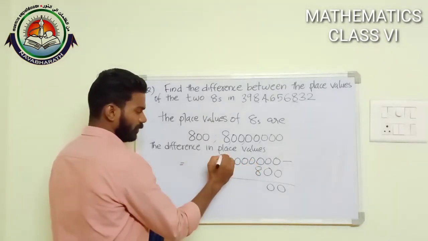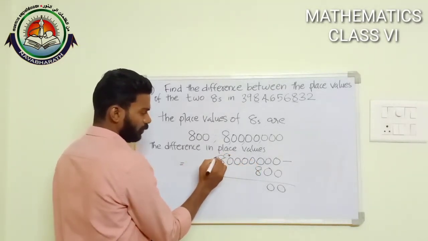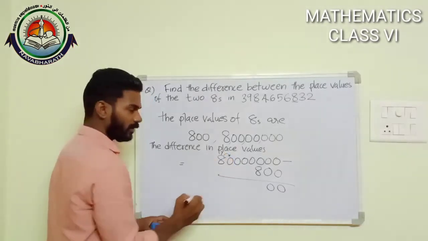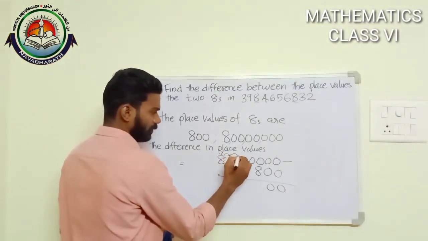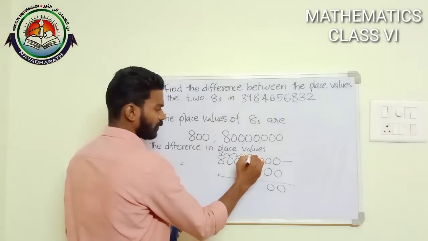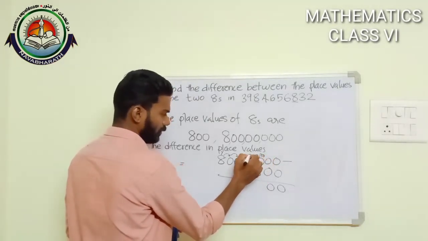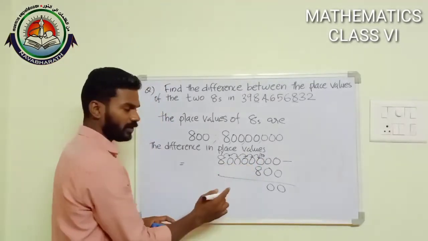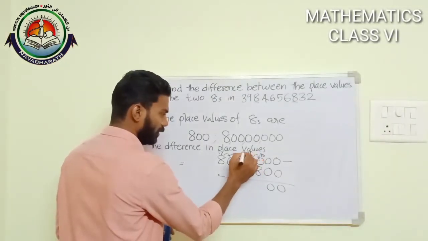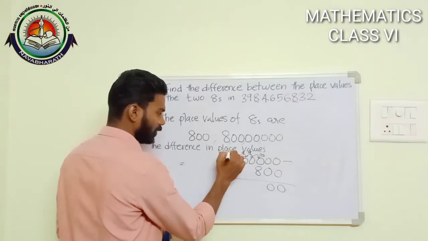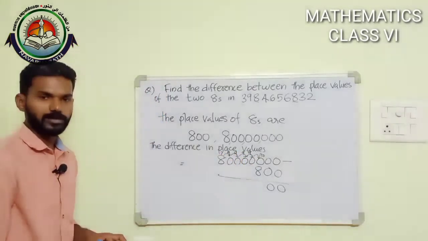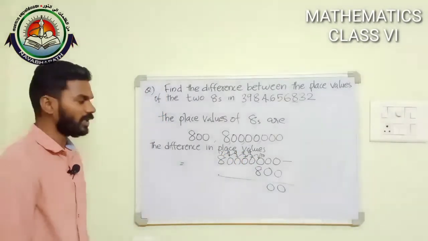We borrow from the 8, so that it becomes 7. Then here it would become 10. Thereafter, since all other numbers are 0, they are transformed to 9. Clear?